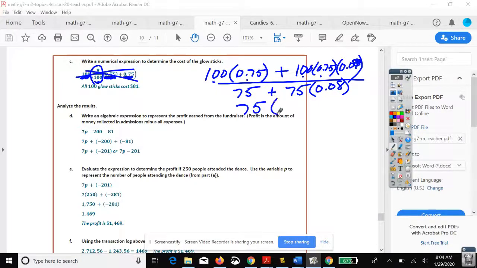So this 75 divided by 75 is 1. That leaves me 1 times 0.08. And I can add those together. 1 plus 0.08 is 1.08. And I can multiply that times the $75. So there's a lot of different equations or expressions you can write. You can choose whichever one you understand.